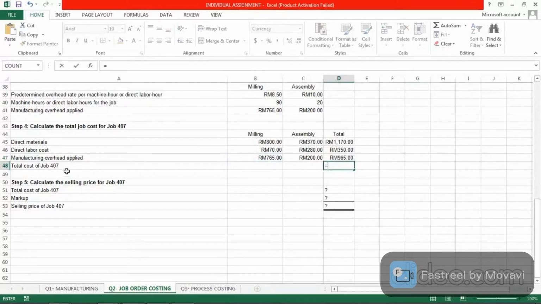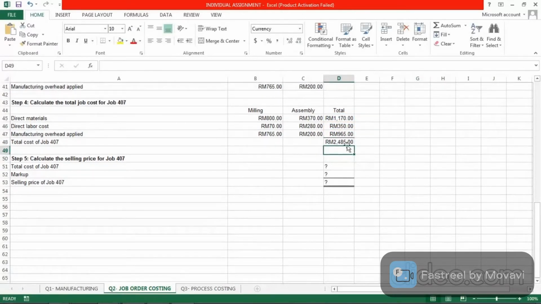To get the total cost of job 401, sum up these three items. And then we'll get 2485.